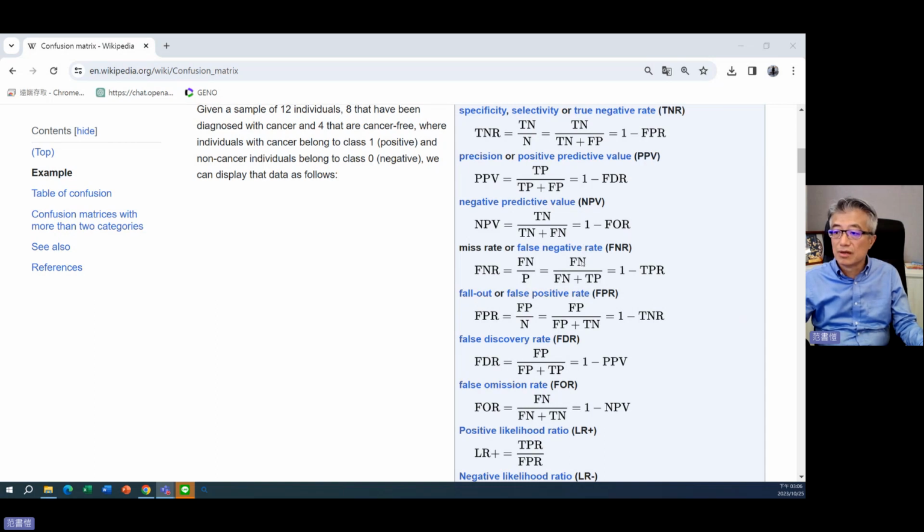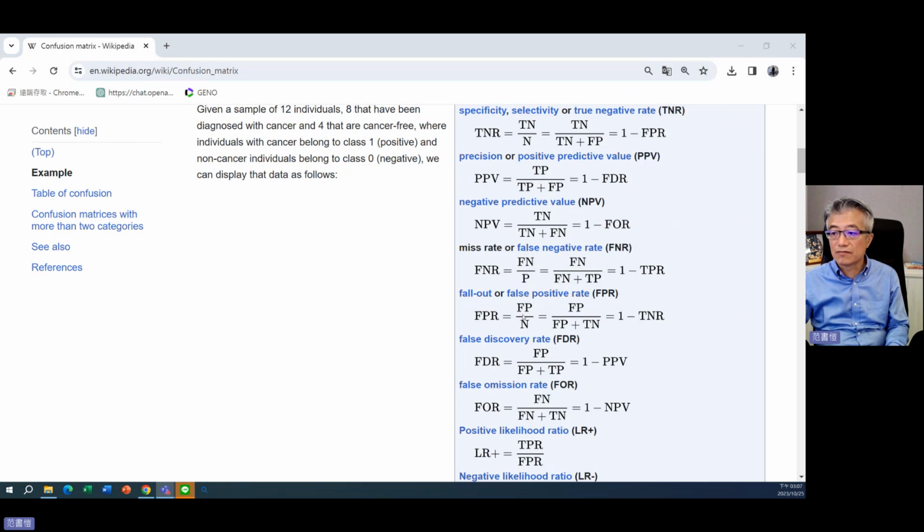So this is the false positive rate or fall out. So totally the false positive, how many instances we missed, out of the total negative or the false positive.